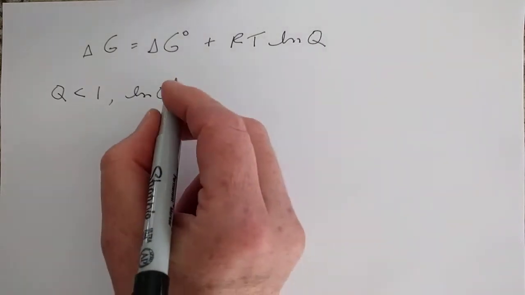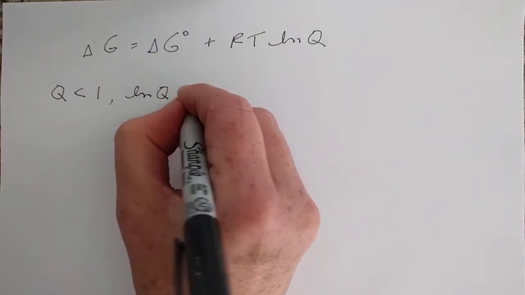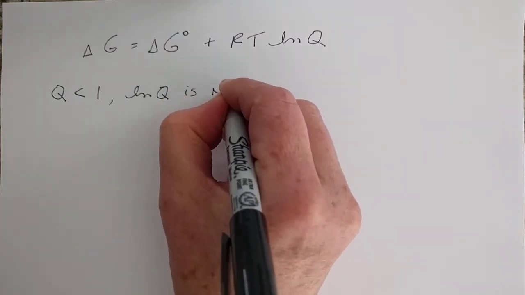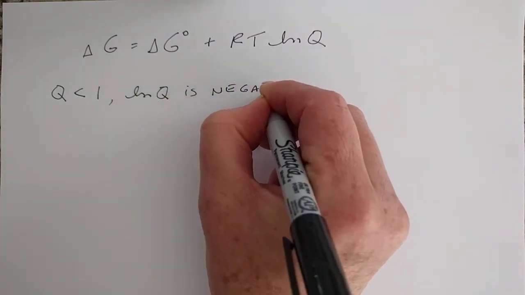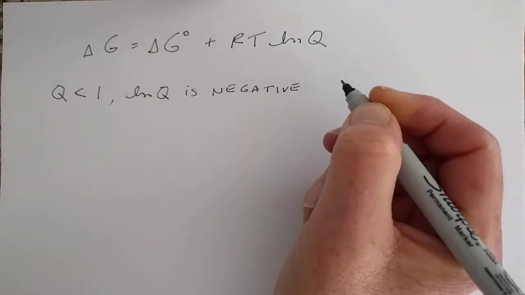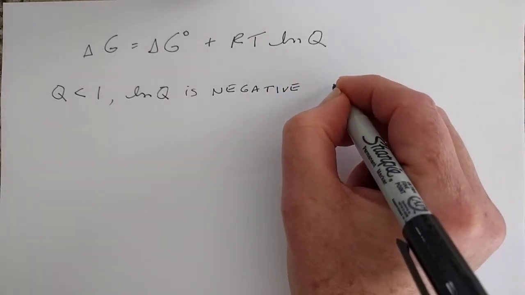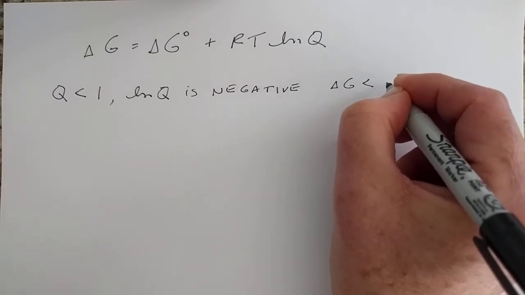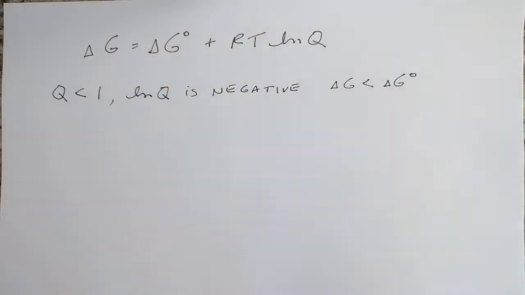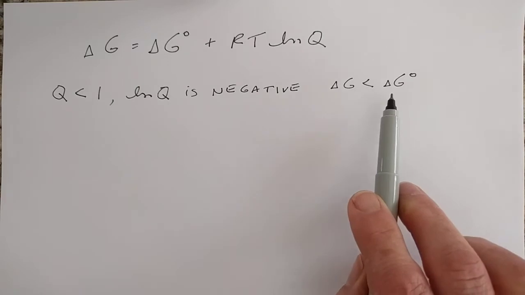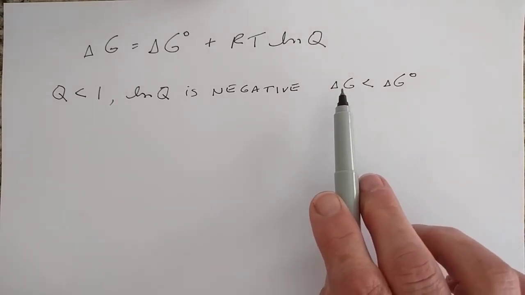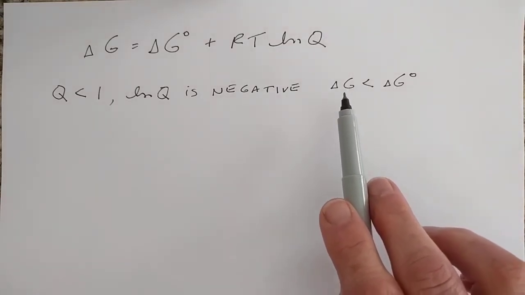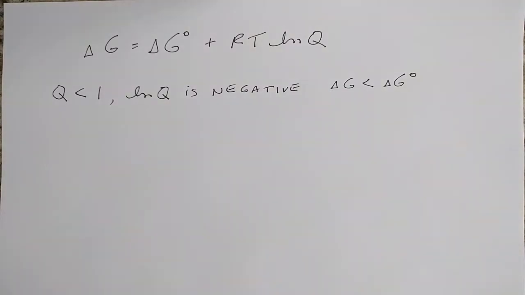So our ln of Q is negative. The ln of a fraction is negative. So that means that our delta G will be less than our delta G zero. So if this is negative, this will be even more negative, which means we will have more of kind of like an oomph to get to a delta G of 0.